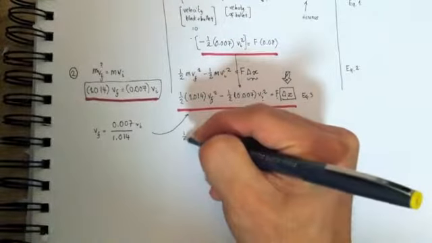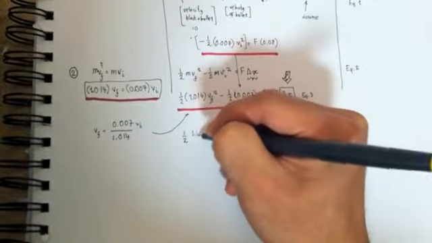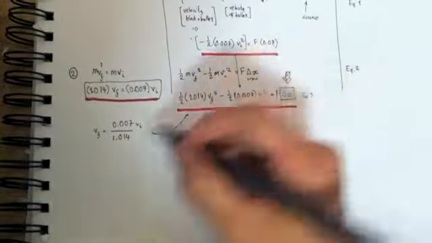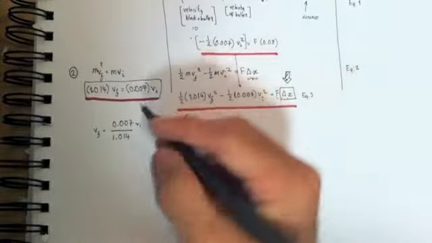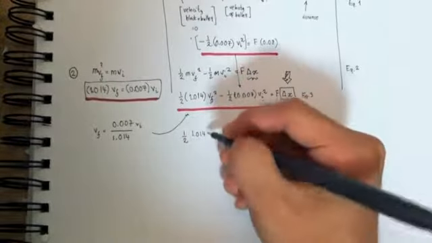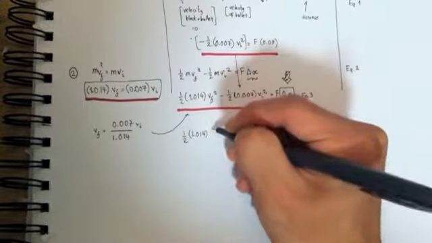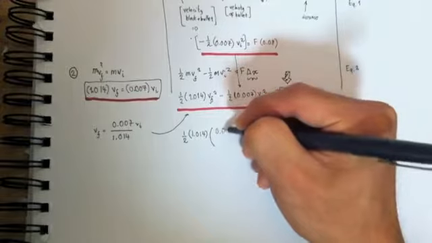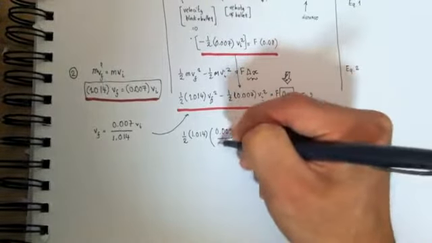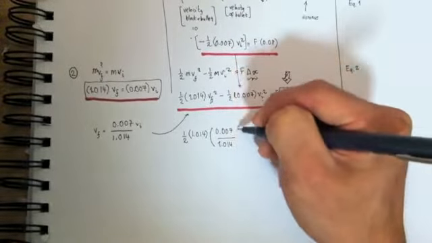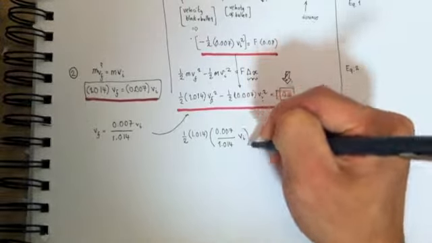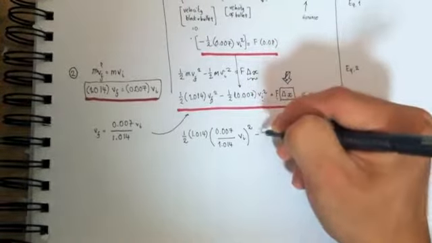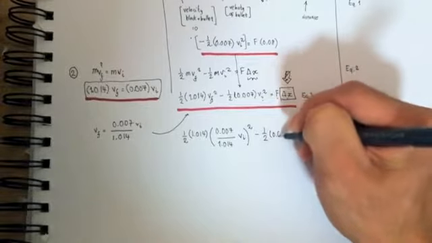So we have 1/2 times 1.014 times VF, which is 0.007 over 1.014 V initial squared, minus 1/2 of that.